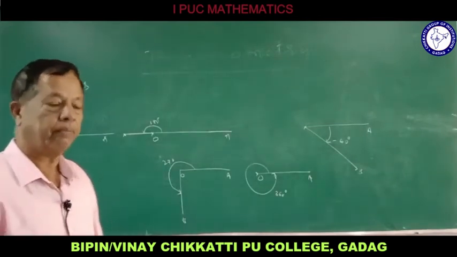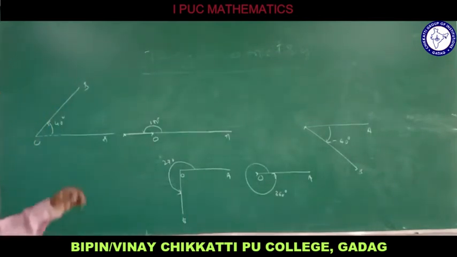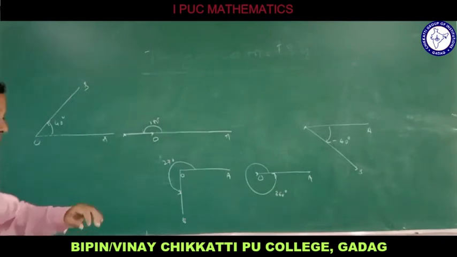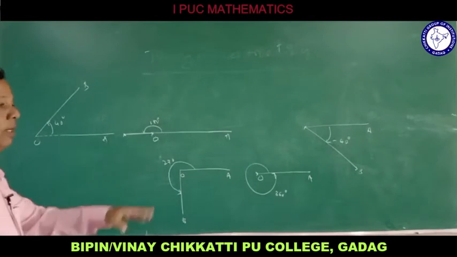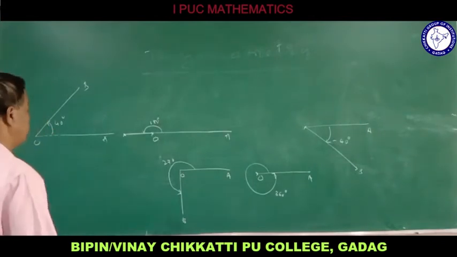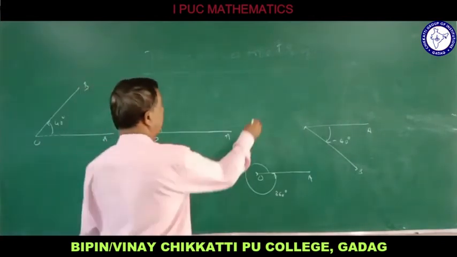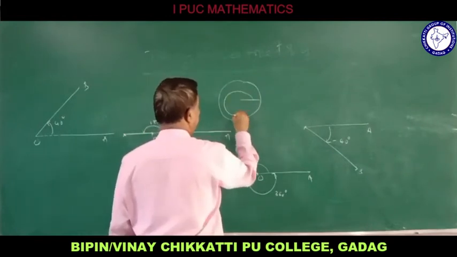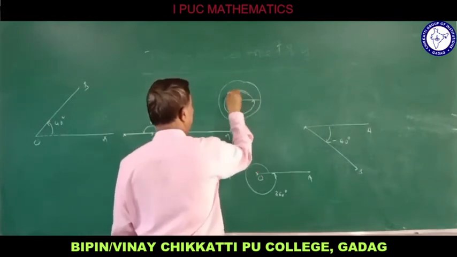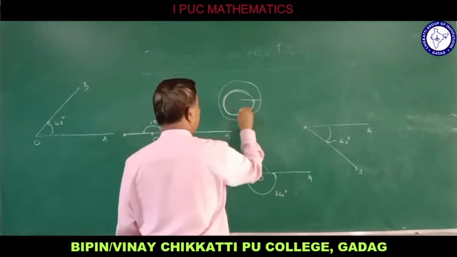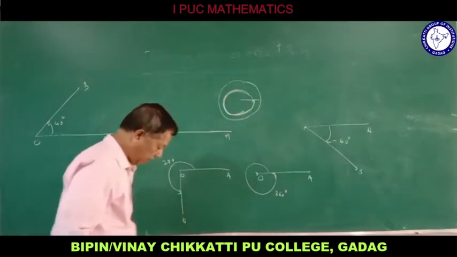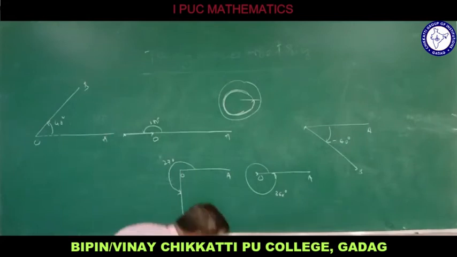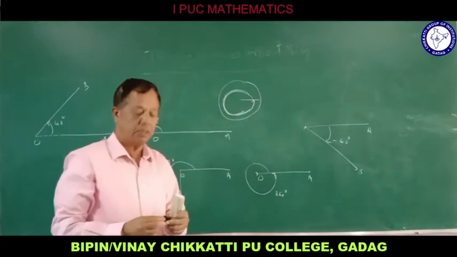So once again, degree means 1 by 360th part of one complete revolution of a circle. Suppose this angle is part of one complete revolution, and this angle is divided by 360, that one we call it as what?